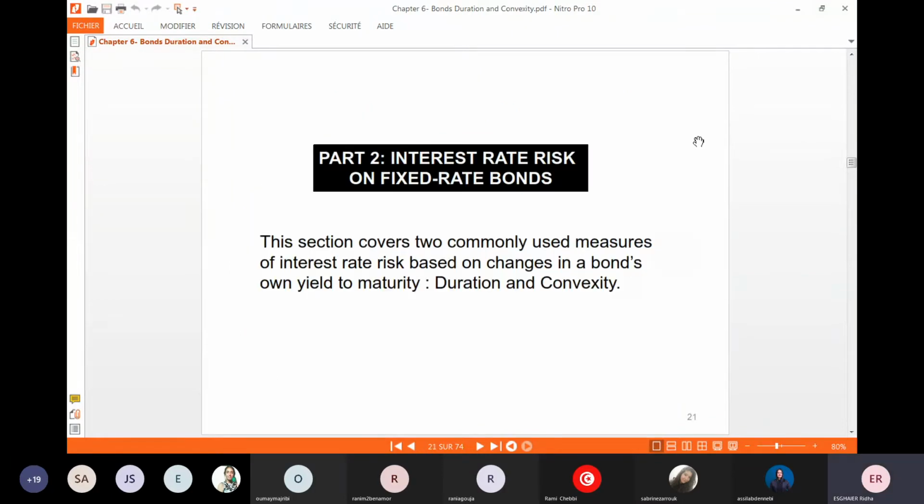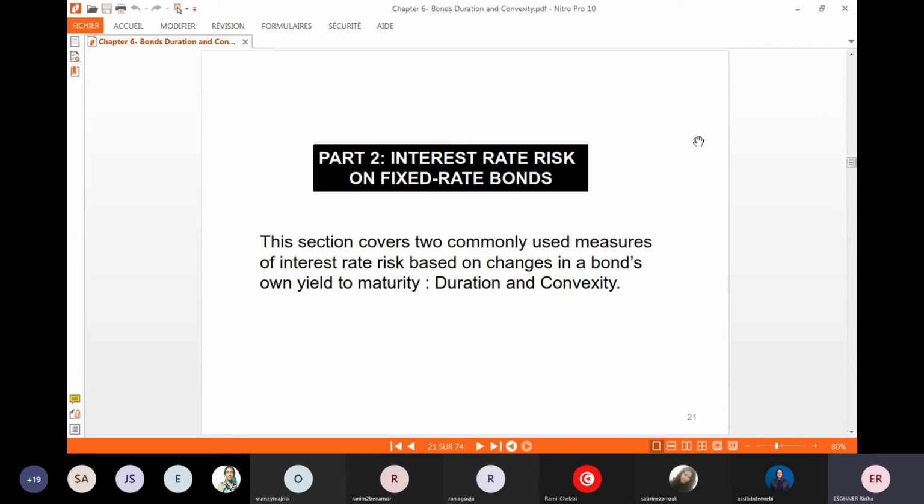The second part of the chapter, interest rate risk. Now we will focus on the variation of the market interest rate and its impact على الفاليو of the bond. مش نسميه اللي هو اسمه interest rate risk وإلا the price risk, خاطر the variation of the market interest rates will affect the value of the bond.